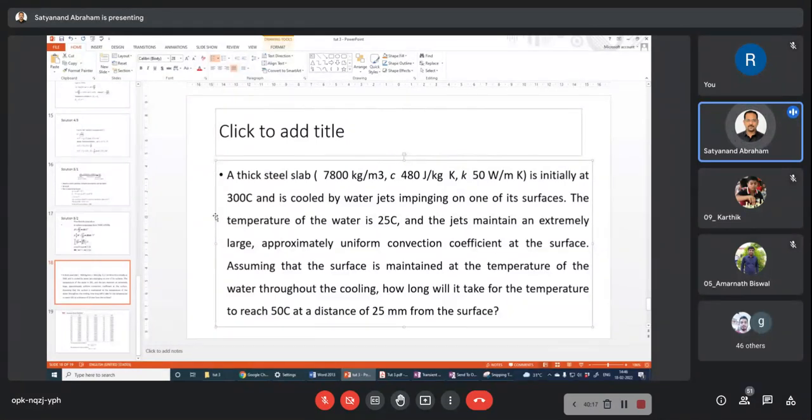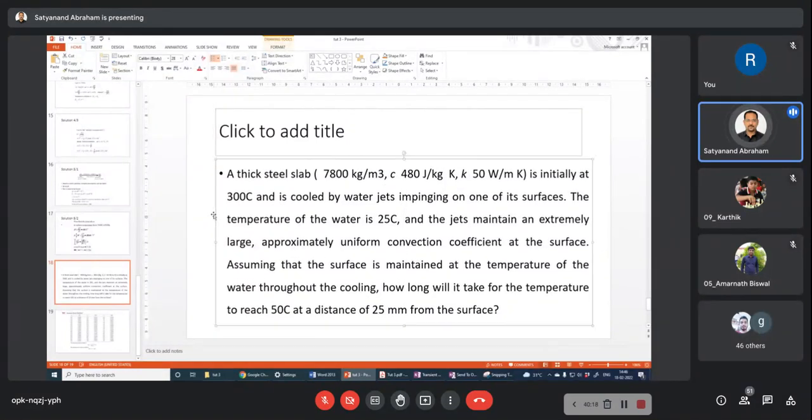First of all, you need to see whether we can take the lumped capacitance. We cannot take the lumped capacitance directly here. First of all, it is given as a thick slab, of very large thickness, so that gives the impression that it is not going to be lumped. And second, it is given that initially it is at 300 degrees Celsius, and the question asks that at 25 it is going to be 50 degrees Celsius.